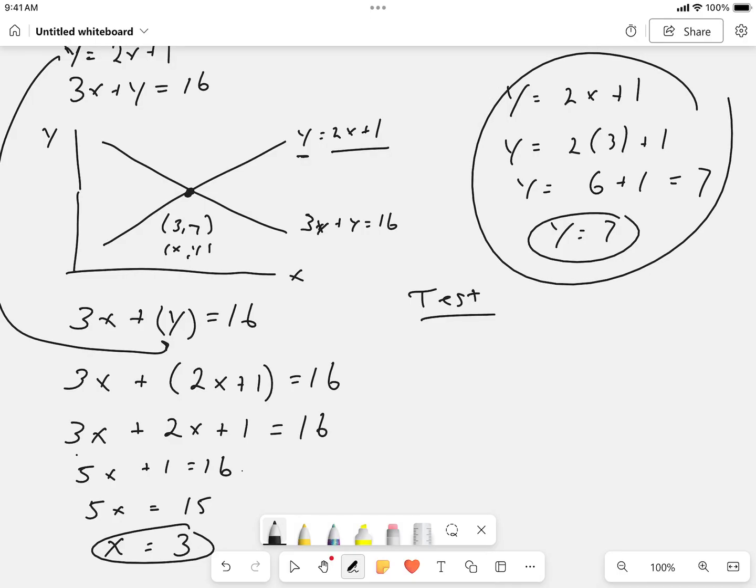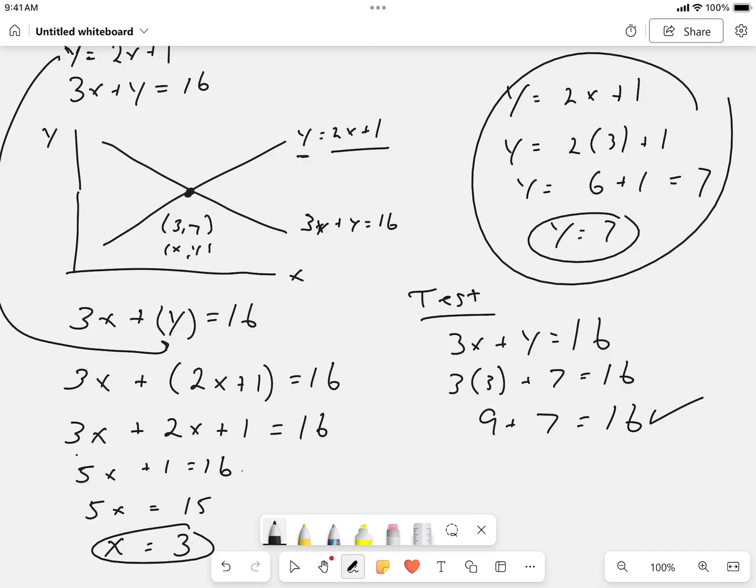Will those two values work in the other equation? Well, 3x plus y is equal to 16. 3 times 3 plus 7 is equal to 16. So what we got is 9 plus 7 equals 16, and that is correct. So we have validated this as a correct solution.